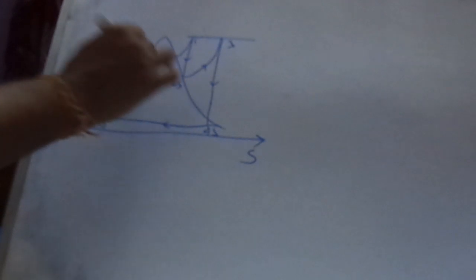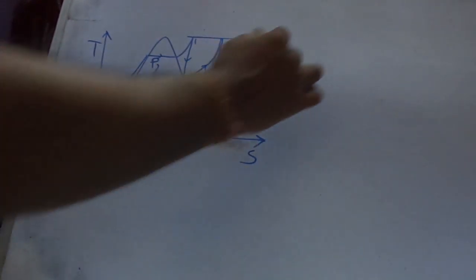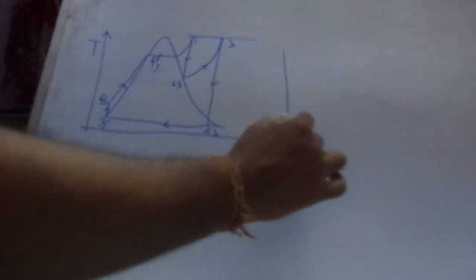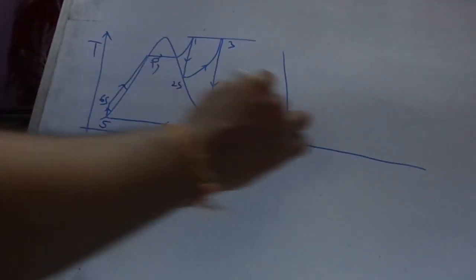This is the pressure P1 in the temperature versus entropy plot. Another one is the HS plot, with H enthalpy and S entropy. Draw a vertical line with inclination.